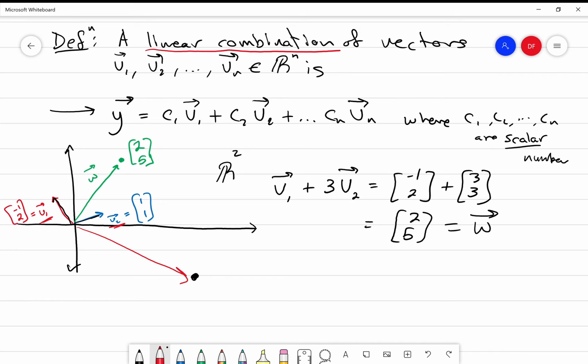How? Well, I would have to find these 2 weights, or scalars, to multiply each one by so that I can get the actual linear combination. Now, I'll show you how to find the linear combination by way of example. Okay?